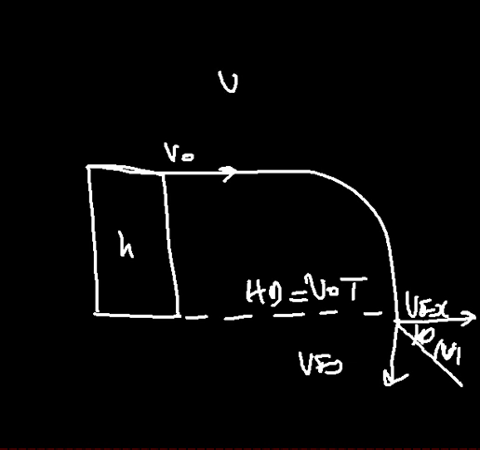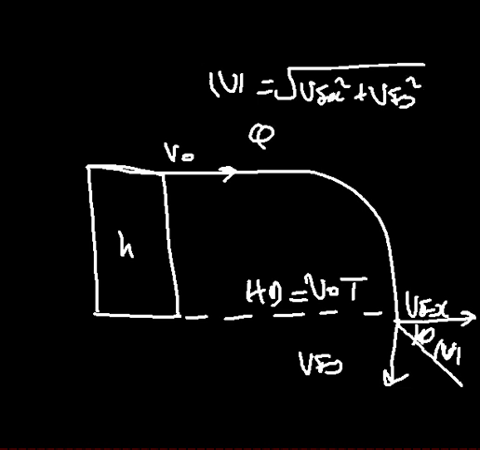The landing speed is given as the magnitude, the square root of Vfx squared plus Vfy squared, and the direction, this angle theta, is given as the tan inverse of Vfy over Vfx.